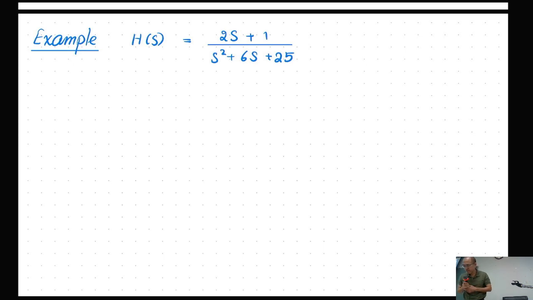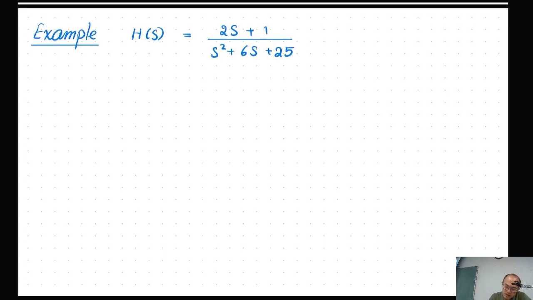So what do you get for the poles? There are two poles, and they are both complex poles. The first one is minus 3 plus j4, and the second is minus 3 minus j4. They are complex conjugates of each other. So this is equal to 2s plus 1 divided by (s plus 3) squared plus 4 squared.